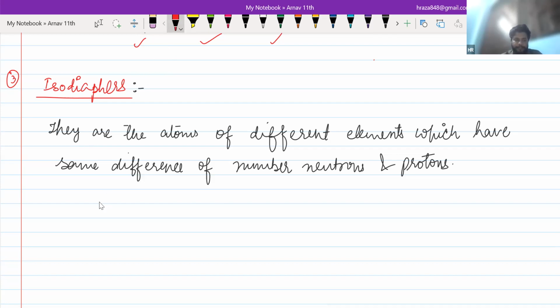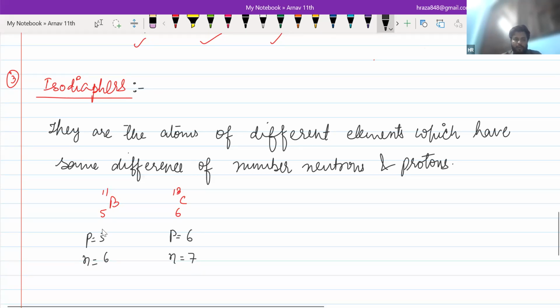Like if you take the isotope of boron and the isotope of carbon, here proton is 5 and here proton is 6. Now the number of neutrons here is 6 and here it is 7, right?